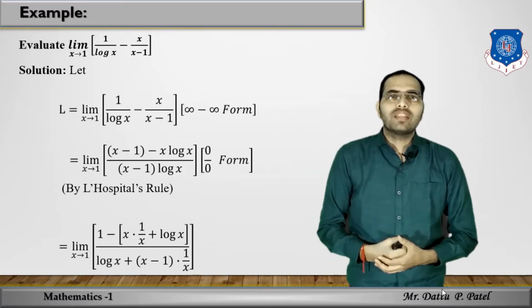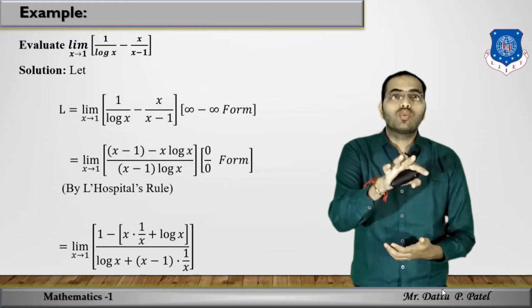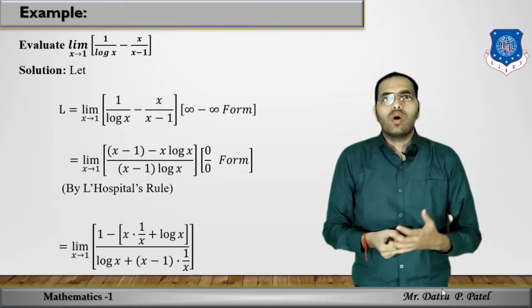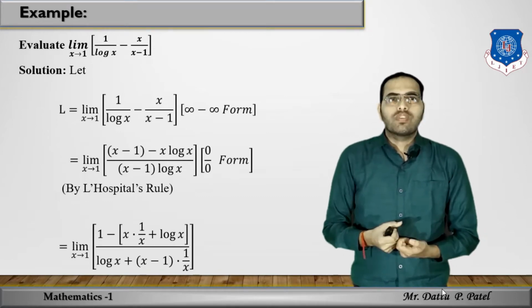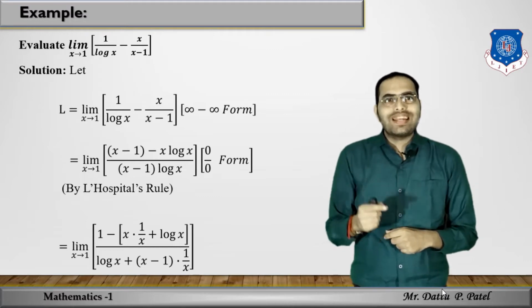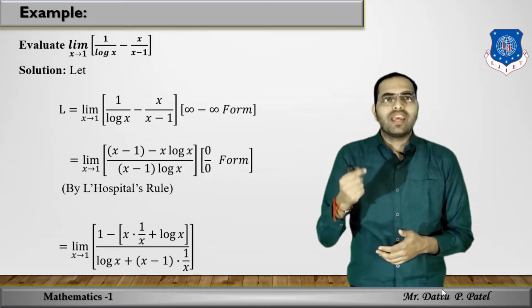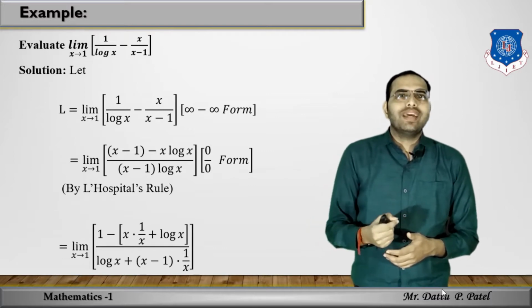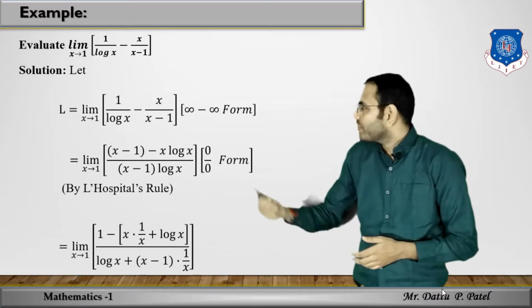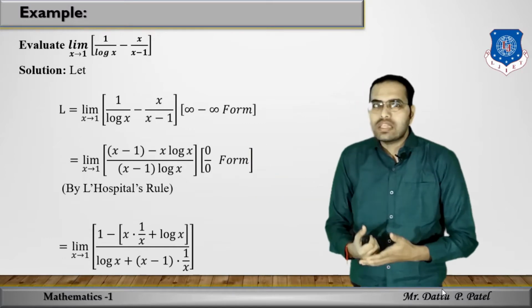Converting to 0 by 0 or infinity by infinity form with the help of cross multiplication and simplifying, it becomes x minus 1 minus x into log x upon x minus 1 into log x, which is our 0 by 0 form.